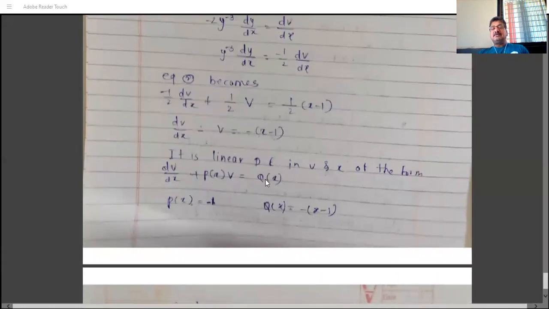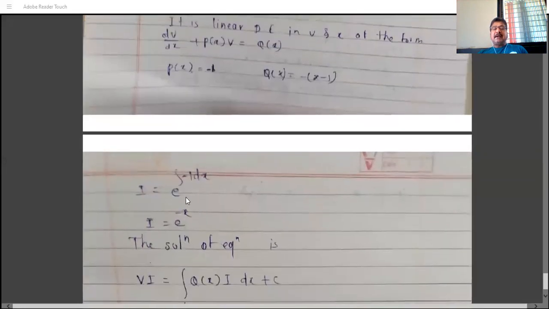Here P(x) is minus 1 and Q(x) is minus (x minus 1). So this is a linear differential equation in v and x.